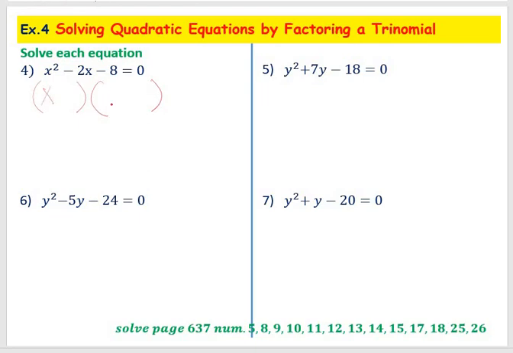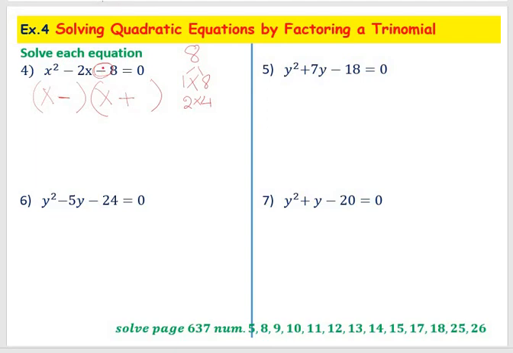I'll have x and x. My leading sign is negative, so I must have this one negative and this one positive. And then I'll begin to test the 8. The factors of 8 are 1 and 8, 2 and 4. These are the factors of 8.